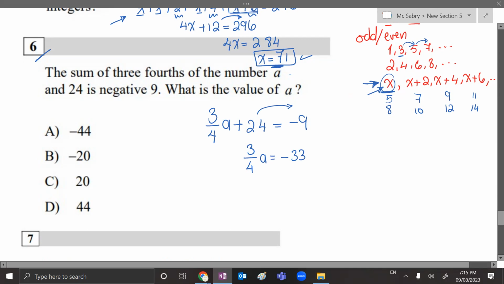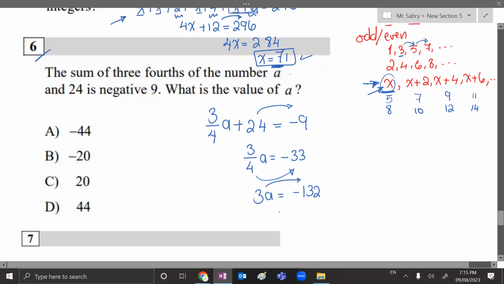And then look at this part, it's very important. Now, if I'm not using a calculator, if I'm doing this manually without a calculator, then instead of moving the 3 over 4 to the other side with division, I'll first move the 4 by multiplication. So it should be a bit easier to calculate.